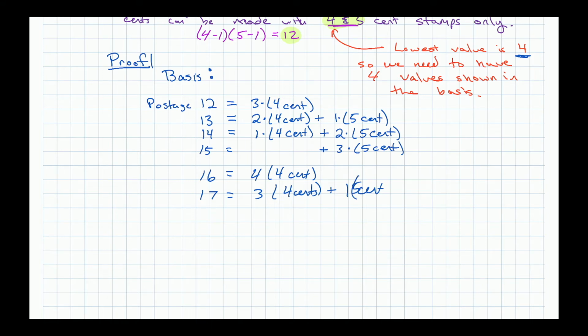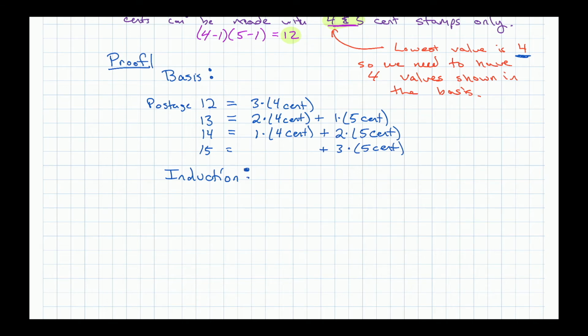Oops, 1 5-cent stamp. So 3 4s and a 5, yeah, that'd be 17, and so on, right? And that keeps going. But we need to prove it for all n, so we can't write them all down, right? We can't write infinity of them down. So we write down these 4, that's your basis step, and then you move on to your induction step.